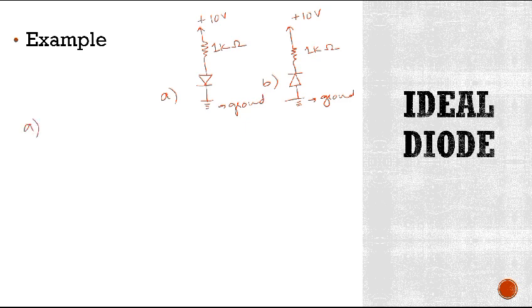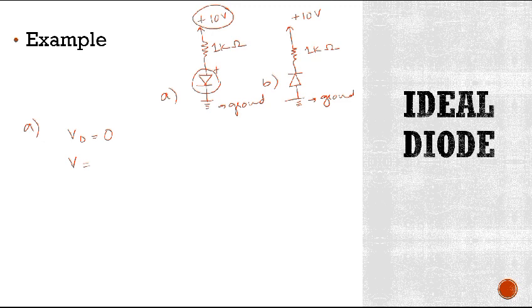As you can see, the positive terminal of this diode, that is anode, is connected to positive voltage. It means positive voltage is applied to this anode. So it means this diode is forward biased and it is obviously conducting. Therefore, its voltage drop will be 0. Now what about the current? The current through this diode will be determined by Ohm's law.